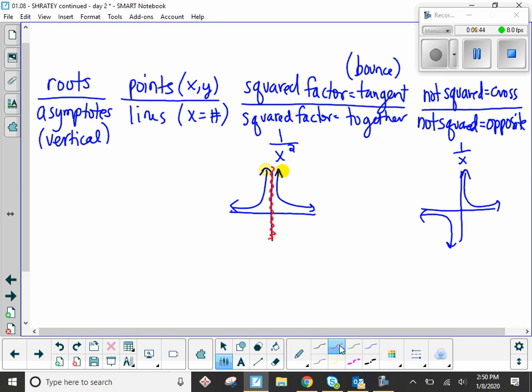Here is the vertical asymptote that we get from the x on the bottom. And I'm looking at the behavior immediately on the left and immediately on the right. They're opposite. This one's going in the negative direction, that one's going in the positive. They're going away. So squared, together; not squared, opposite. So keep all that in mind when you're doing the T stuff on your SHRATEY.